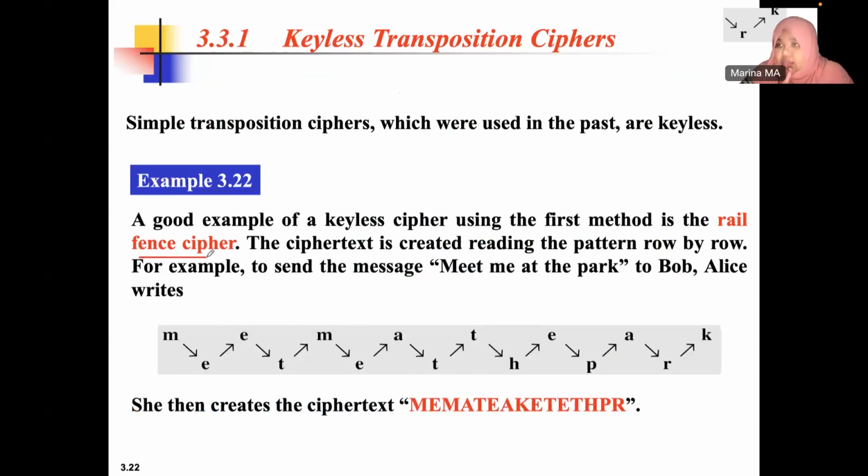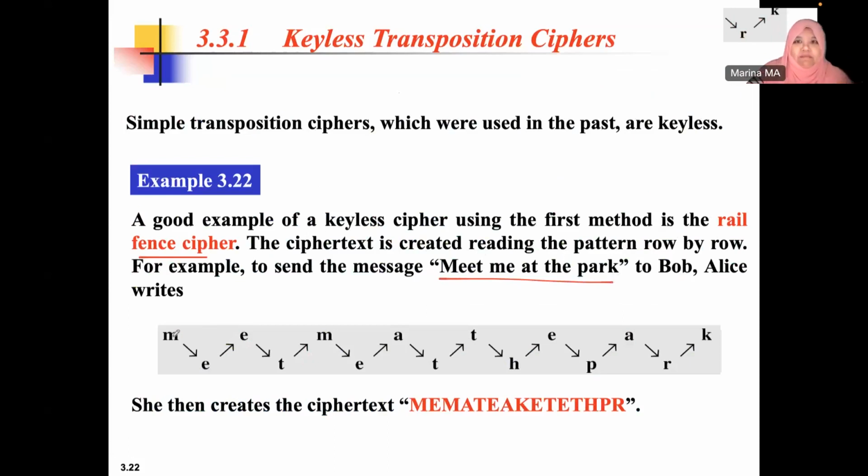Can I say they do not need a key? Actually, in a sense, they don't have a specific key, but the key is here. The ciphertext, we create it by reading or writing the pattern row by row. So instead of writing "meet me at the park" on one line, what you do is you write it on two lines.